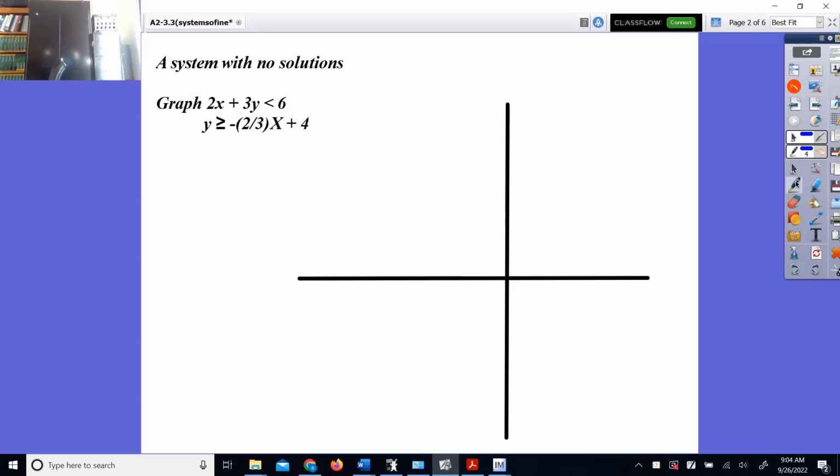Half my students missed it. Where's the 2x belong? All right. What happens to its sign? Changes. What are you going to divide by? 3.